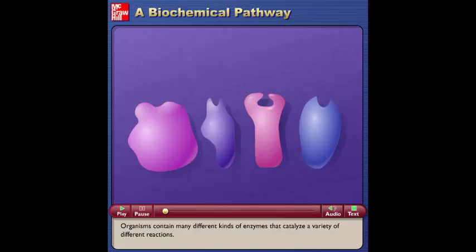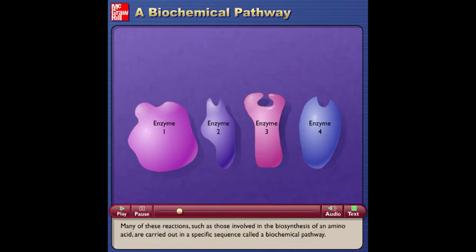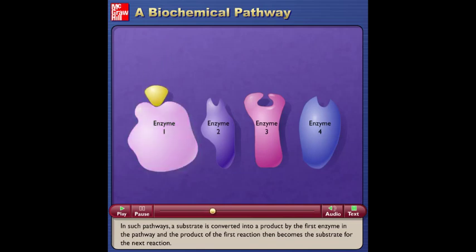Organisms contain many different kinds of enzymes that catalyze a variety of different reactions. Many of these reactions, such as those involved in the biosynthesis of an amino acid, are carried out in a specific sequence called a biochemical pathway. In such pathways, a substrate is converted into a product by the first enzyme in the pathway, and the product of the first reaction then becomes the substrate for the next reaction.